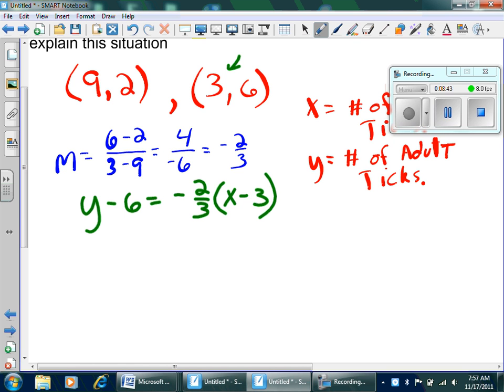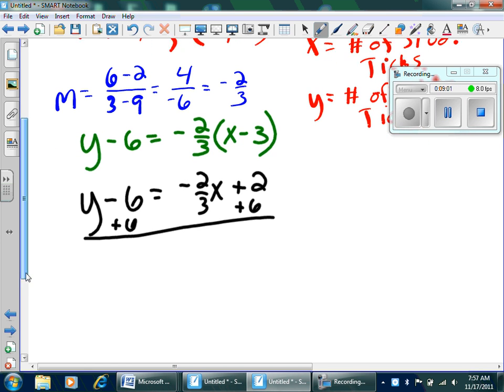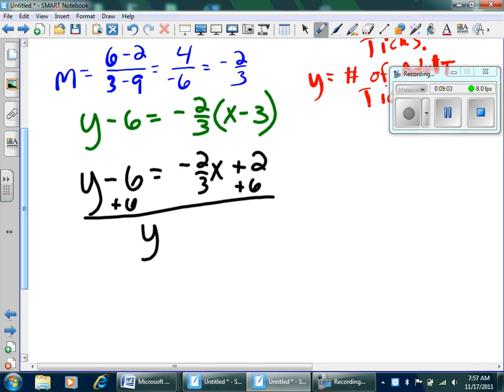So I'm going to convert this to slope-y-intercept form. y minus 6 equals negative 2/3 x plus 2. And then I still have to add 6 to each side. And y equals negative 2/3 x plus 8.